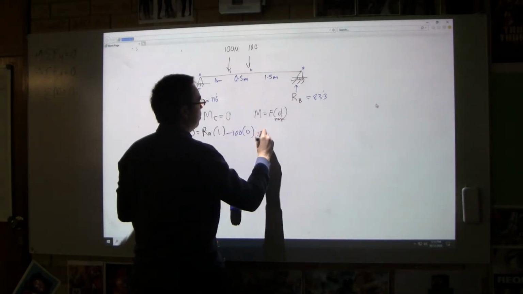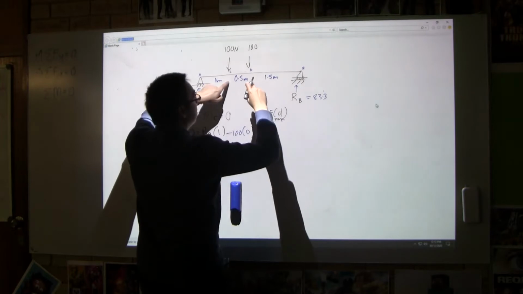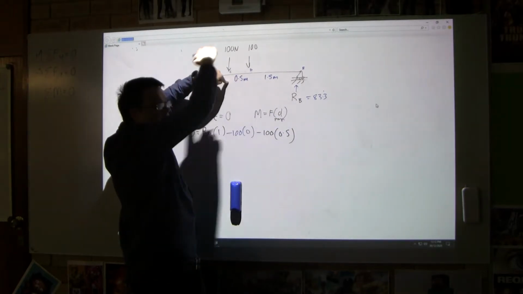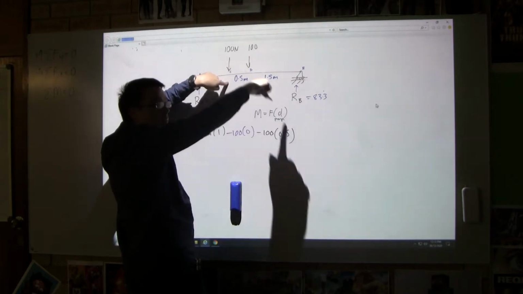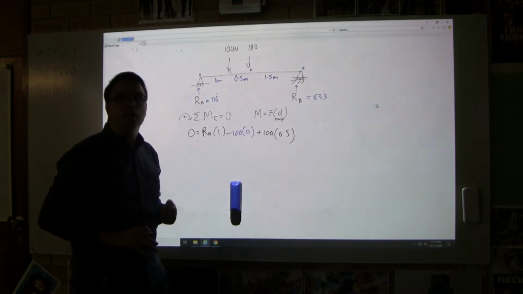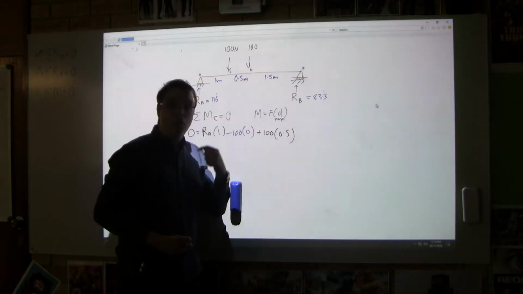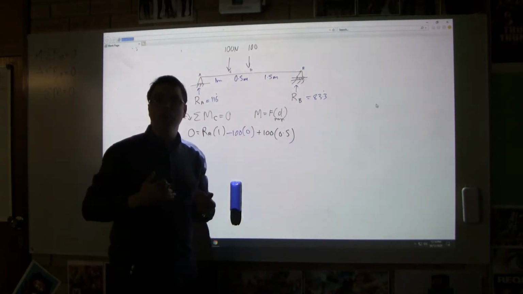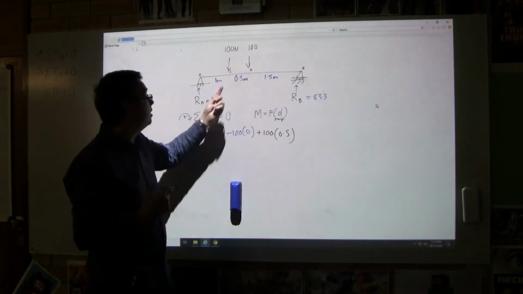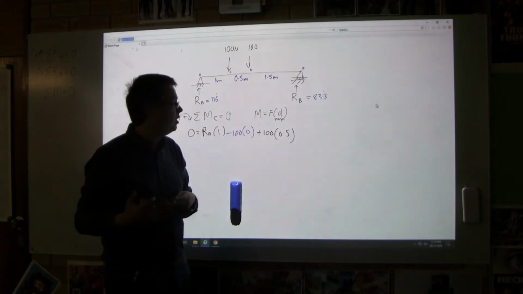Okay, and then the next one is minus 100 times 0.5. Is it going clockwise or anti-clockwise? Clockwise, so we're going to change it to clockwise. Now it's important to notice that the same force can be clockwise or anti-clockwise depending on the location that we're measuring from. In this case, we're taking moments about C, so it's going to be a different answer.